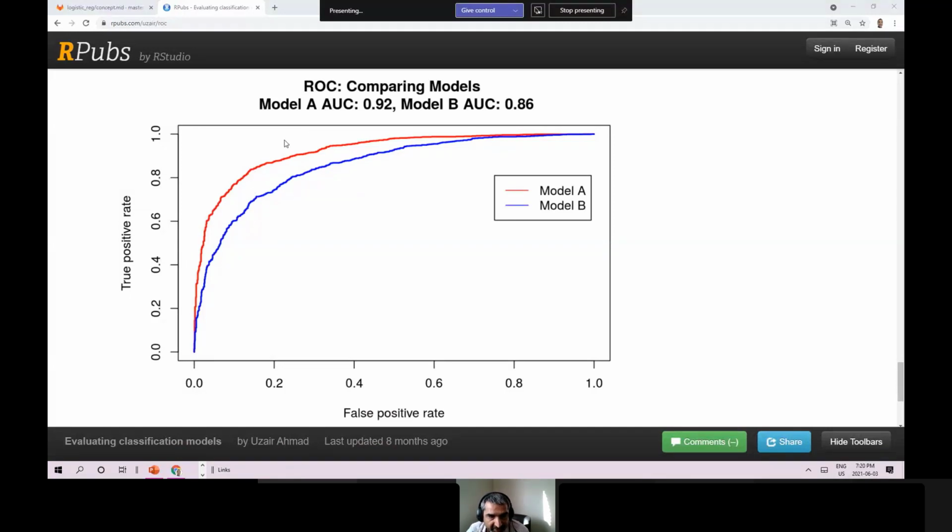Not in terms of the derivative, but if we have equal cost for making a type 1 error or type 2 error, the best point is this one.